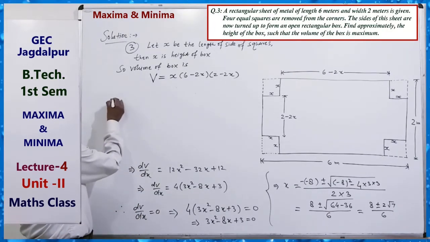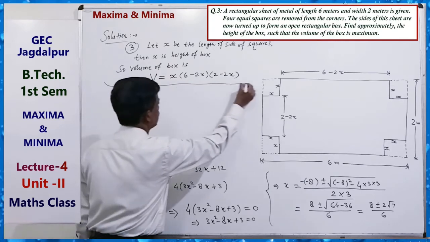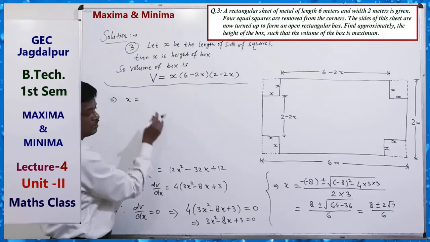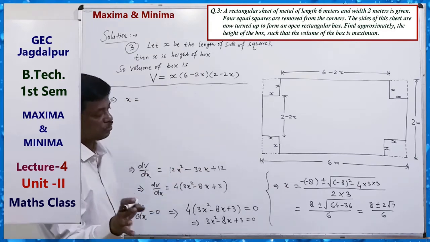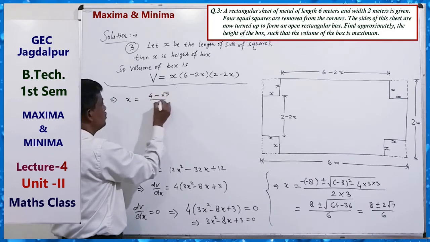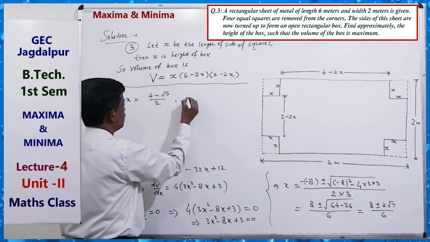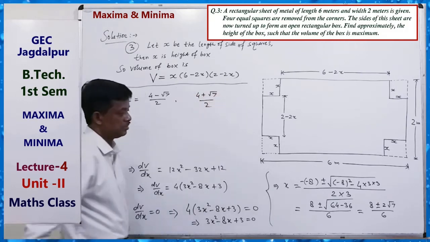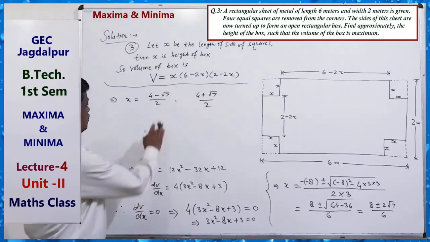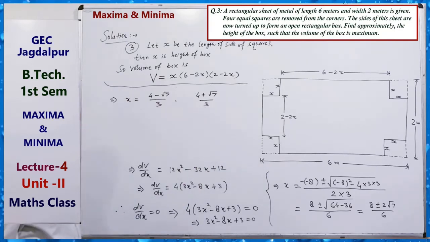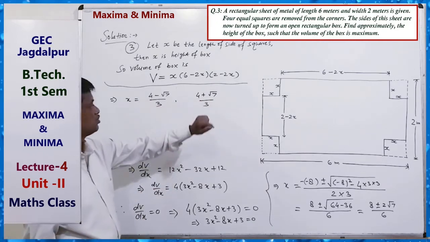What is the value? x equals, 2 can be cancelled out, 4 plus root 7 by 3 and 4 minus root 7 by 3. 2 can be cancelled out. So here 4 minus root 7 by 3 and 4 plus root 7 by 3.